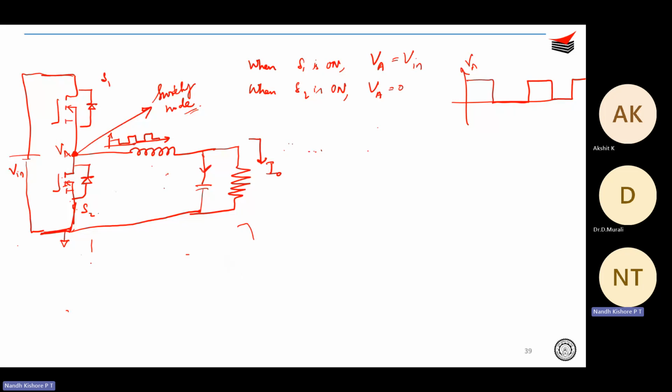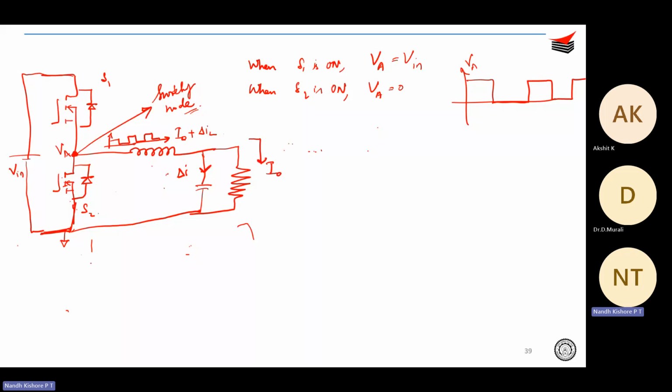And the capacitor, if you assume it is in steady state, can only draw the ripple current. So it would only draw delta I current. It cannot draw a constant average current, because then the capacitor voltage would go on increasing. In steady state, the capacitor would draw only the ripple current. So the total inductor current is something like I naught plus delta IL.